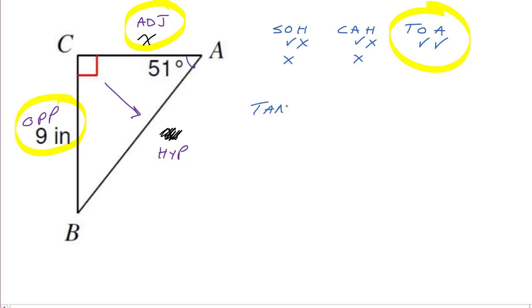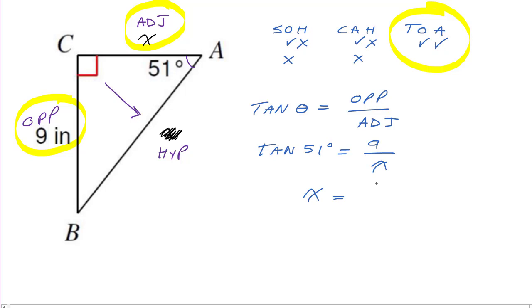All right, so tan of an angle is opposite over adjacent. So let's sub in what we know. Tan of 51 degrees is 9 divided by x. All right, so we're going to multiply both sides by x, which moves the x to the top on the other side, divide both sides by tan of 51, which just moves it to the bottom of the other side, and let's punch this all in our calculator.